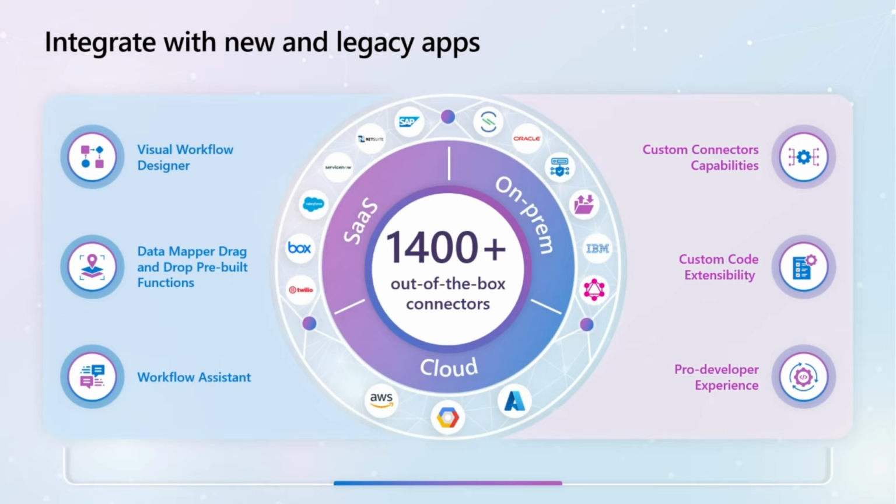Over on the right, this is for the more advanced capabilities. So if the 1400 out-of-the-box connectors are not enough for you, no problem. You can actually build your own connectors. Pretty much like the custom plugins you might be familiar with in the Security Copilot world, it's also possible to build your own connectors and add to the 1400 plus list.